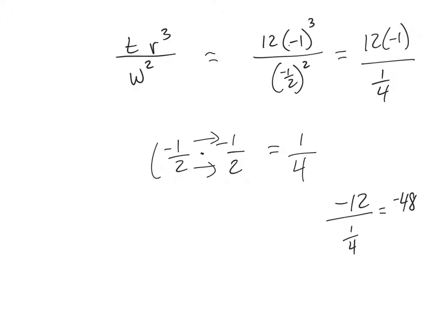When you divide things by a fraction, the number gets bigger, not smaller. The numeric value, the absolute value of it gets bigger. Because I'm asking you, how many quarters can I get out of 12 apples? Well, there's 4 for every apple, so it's 48 quarters of the apple. Got it? And it's negative because you have a negative and a positive.